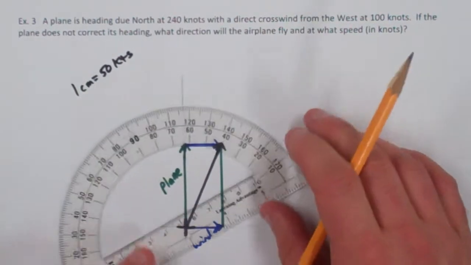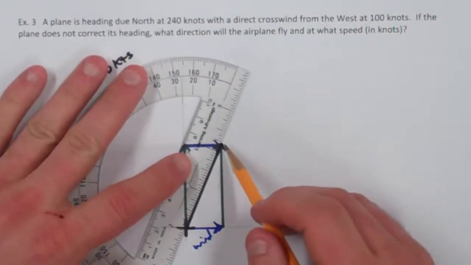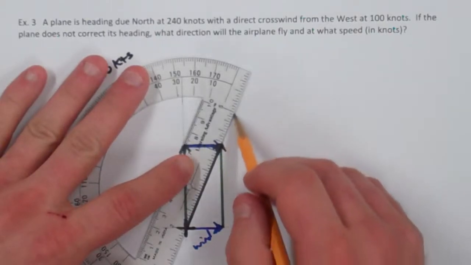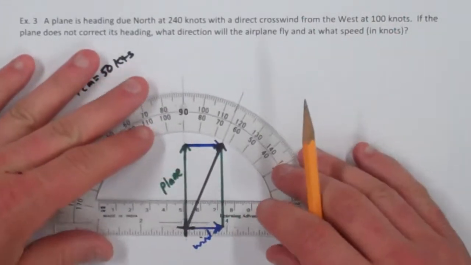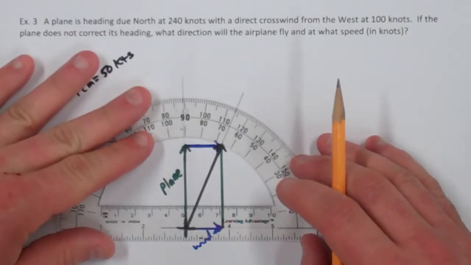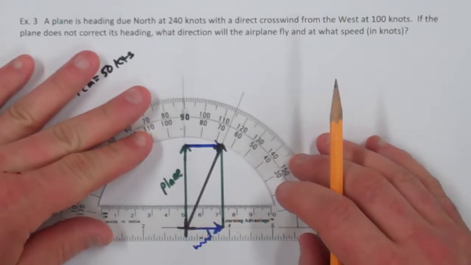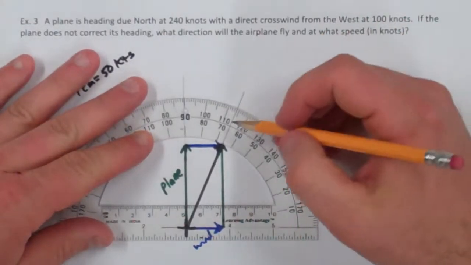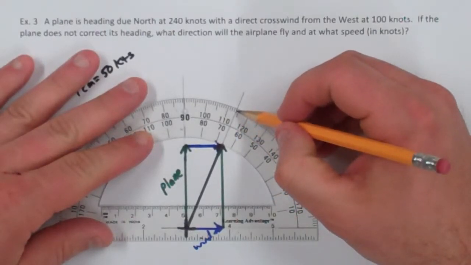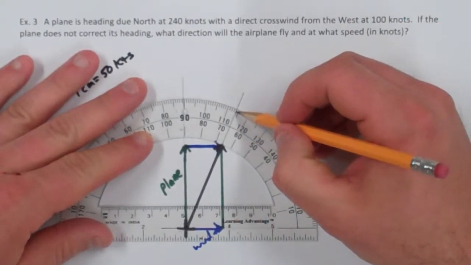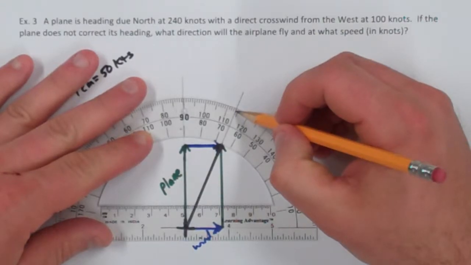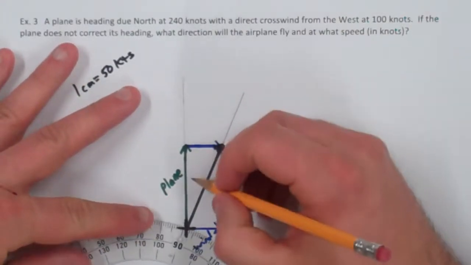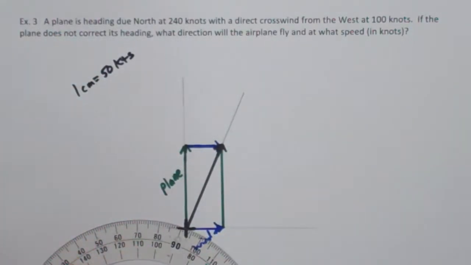And it looks like I need to extend this just a touch, so if you need to do that, feel free. And then we can put this right on the guidelines. And I think this thing is reading now right at about 66. So that would be this angular difference here would be actually 90 minus 66, or 24.